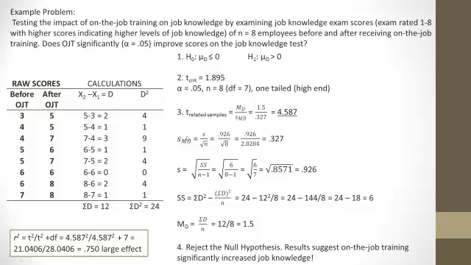Then I look at this formula and I say, okay, I need to figure out my standard deviation. I already know N, so let's write down a formula for that. So here's that formula. Standard deviation equals the square root of the sum of squares over N minus 1. But I don't know what my sum of squares is, so I need to write down that formula, which is right here.